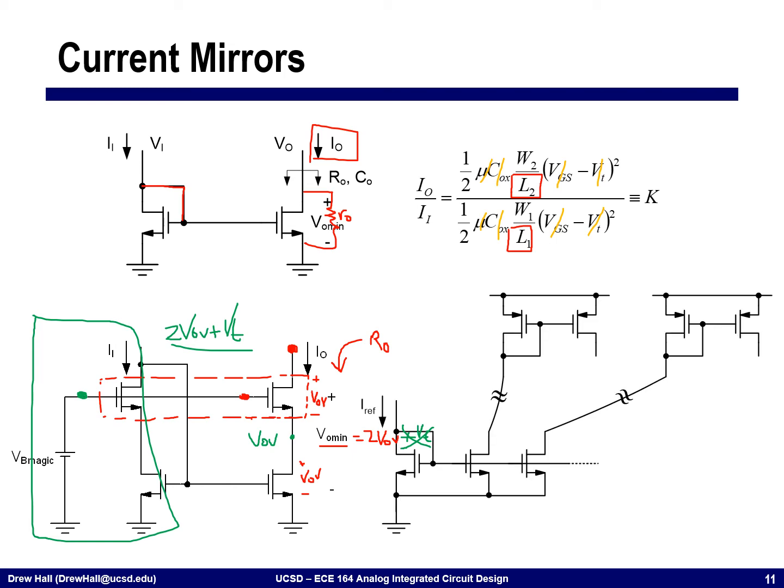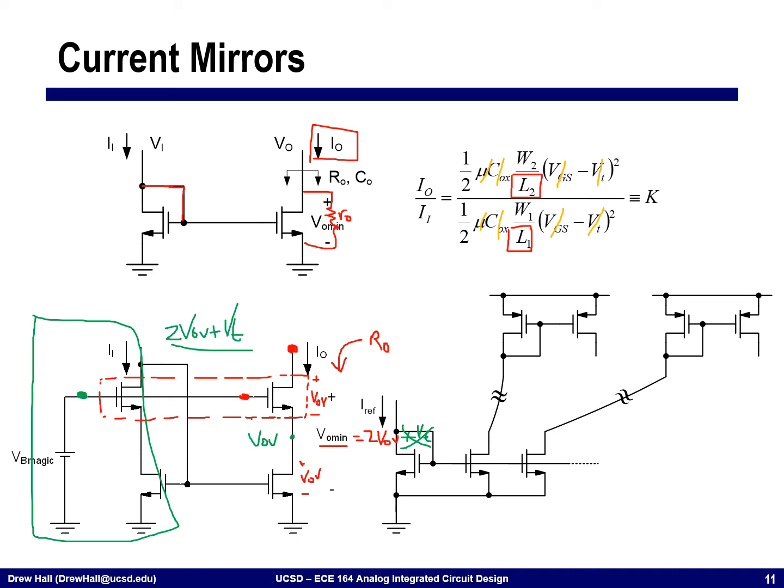Then we spent a little bit of time talking about how one would mirror currents around, i.e. taking a diode connected device, copying that to other transistors that were in parallel, and then using these to mirror the currents around to bias up much larger structures, or even send currents across the entire chip.